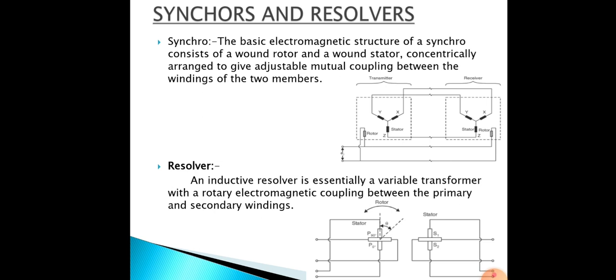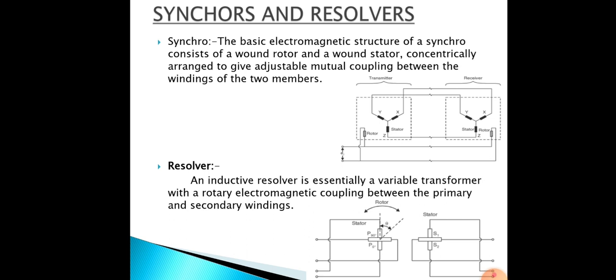In this type of angle position resolver, two windings are provided at right angles to one another. The windings are located in such a manner that the output voltage has an amplitude proportional to the sine or cosine of the input. Depending upon the designer's particular application, either the rotor or stator may be used as the primary.